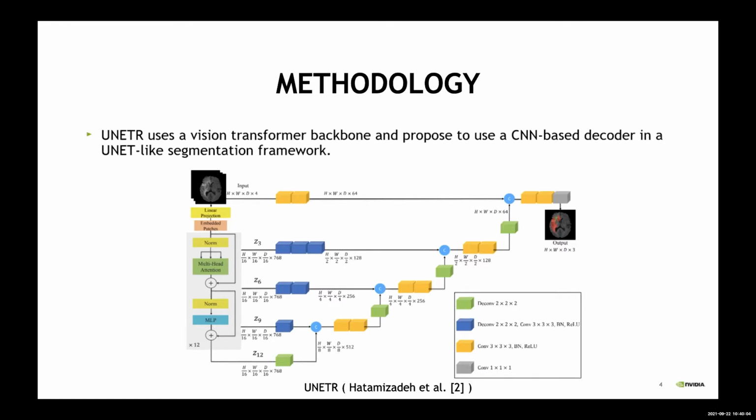The embeddings are then fed into 12 layers of transformer encoders. At every 3 steps of the layers, we extract the features and feed them into a CNN-based decoder, in this case a UNet decoder, via skip connections. At the end, we use these extracted features to make the final predictions, as you can see here.